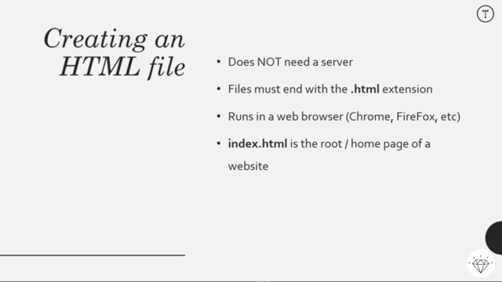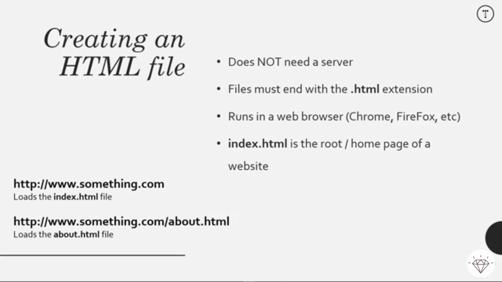To create an HTML file, it has to have an HTML extension. You can call it whatever you want, you just have to end it with .html. This will allow it to be displayed correctly in a web browser. Now one thing to remember is that your home page should always be called index.html. If you go to a domain like, let's say, www.something.com, and you upload a file called index.html, that's the file that's going to show on that root domain.